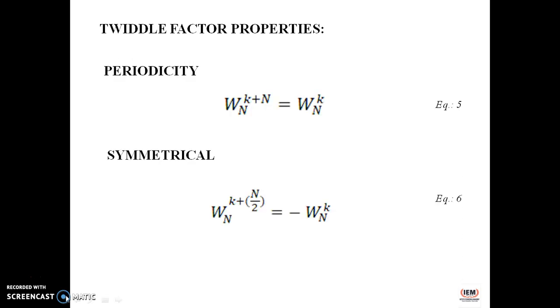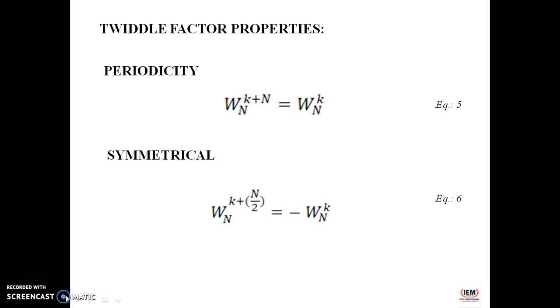Considering two properties, periodicity and symmetry. For the periodicity property, we write down capital W K plus N, N is the same as capital W K N. And for the symmetry property, we write capital W K plus N by 2, N is similar to minus capital W K N.